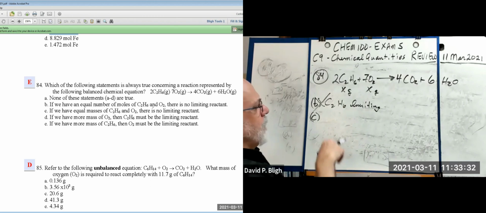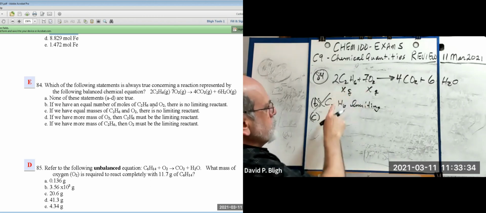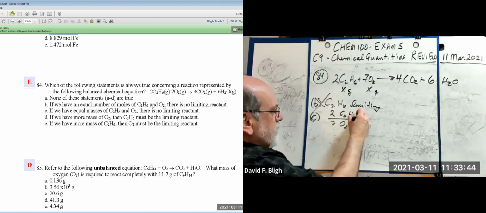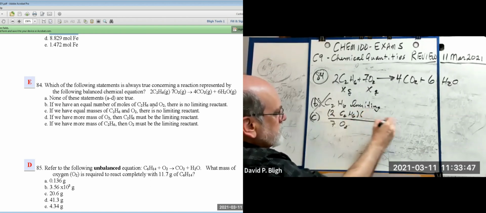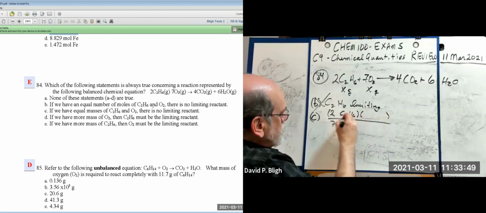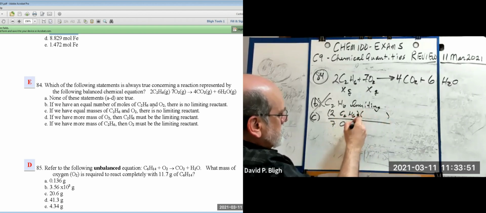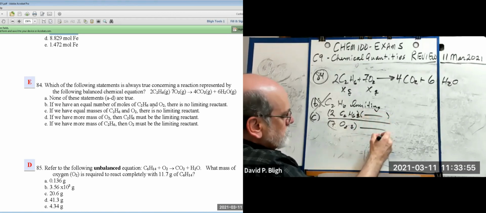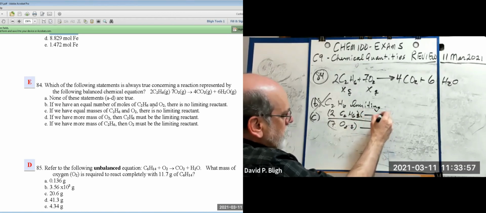So if the ratio of these two to one another is 2 C2H6 to 7 O2, then convert each one of these, and this is grams, convert each one of these to moles, grams to moles.